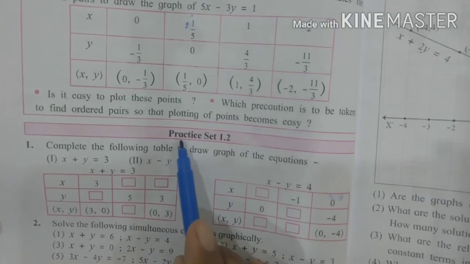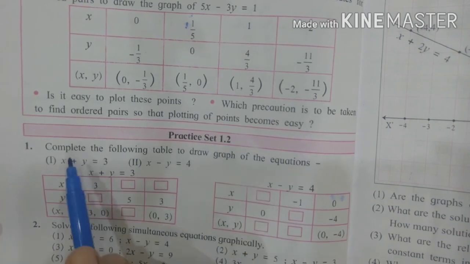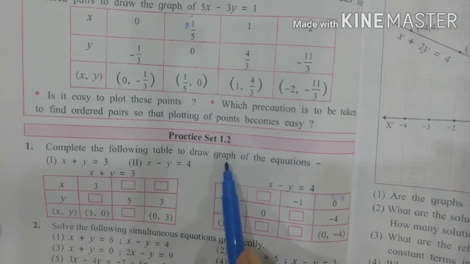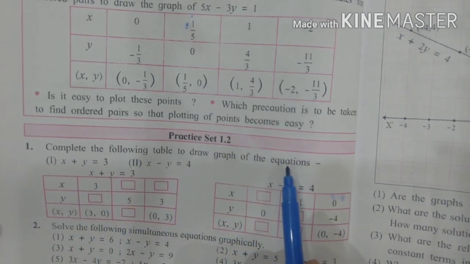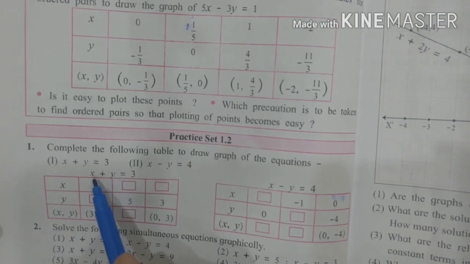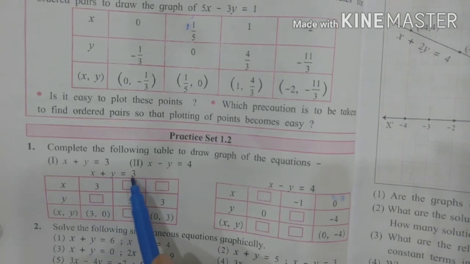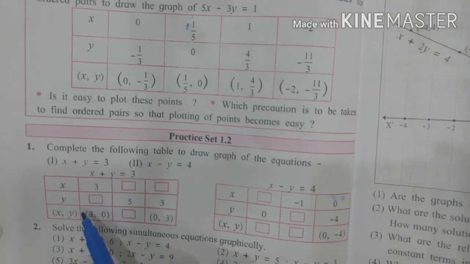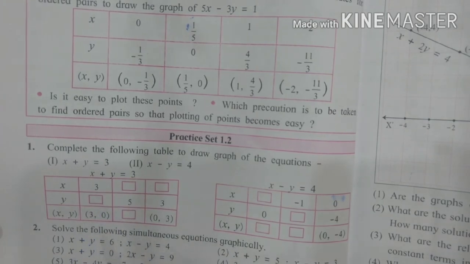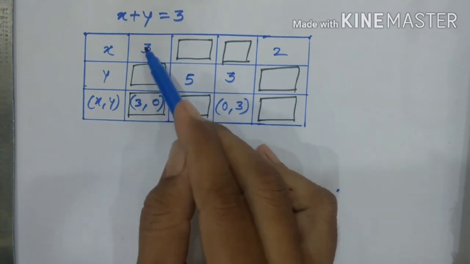Now practice set 1.2. Complete the following table to draw the graph of the equation. Here is the given equation, x plus y equal to 3. Let us complete this activity. Now consider the second column.